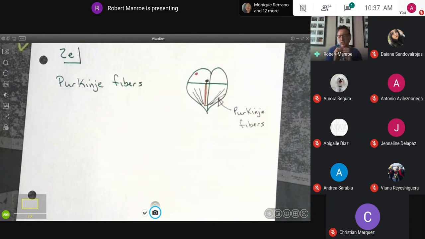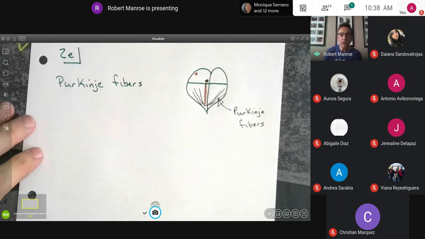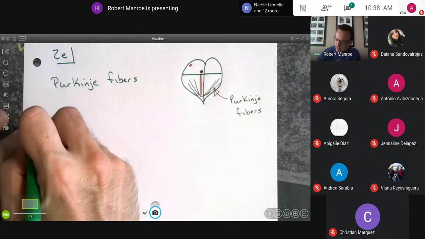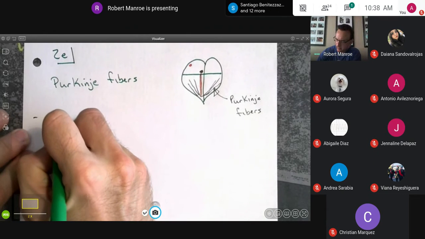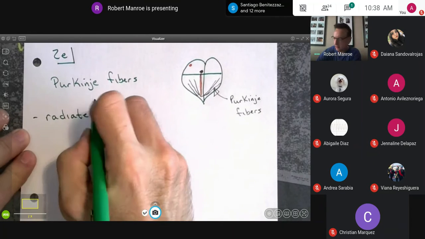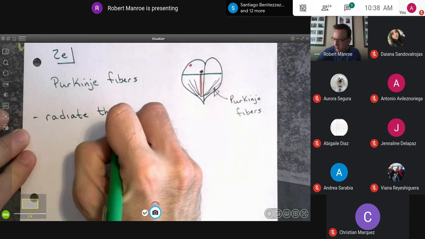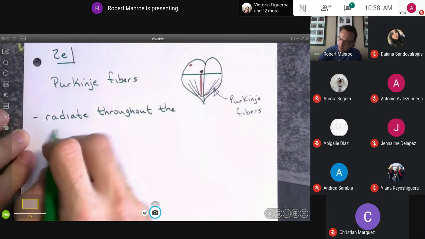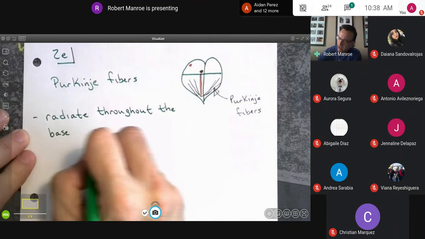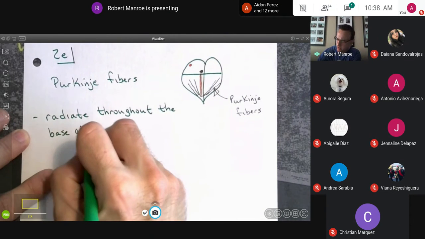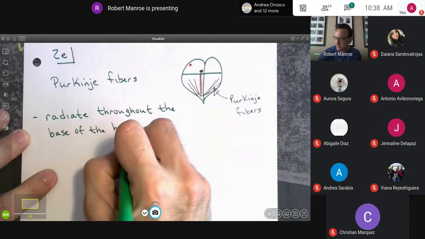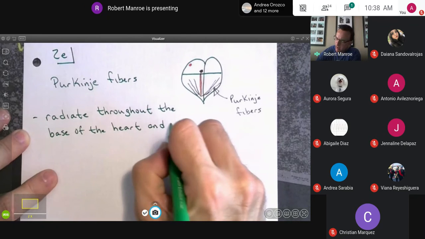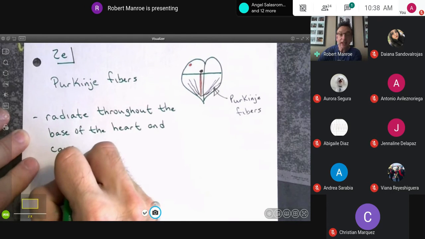And what these do is spread all throughout the bottom half of the heart. Another word for spread is radiate. They radiate throughout the base of the heart, and cause the ventricles to contract all at once.